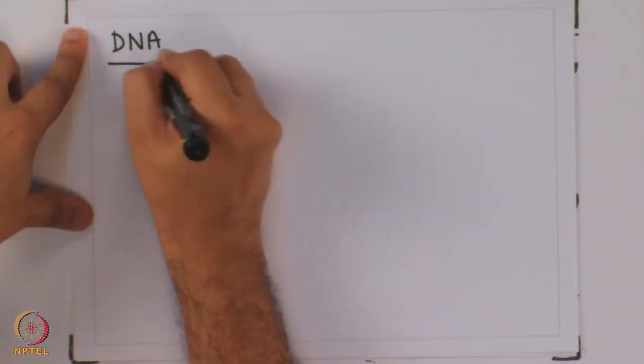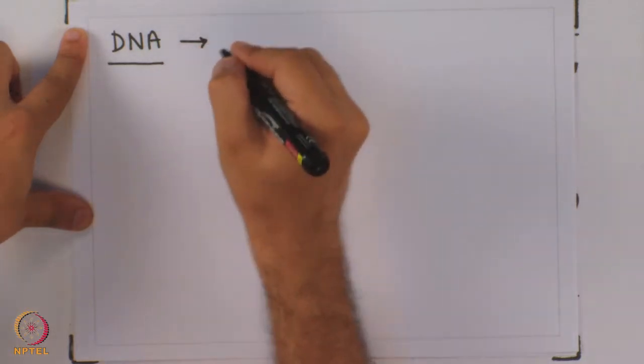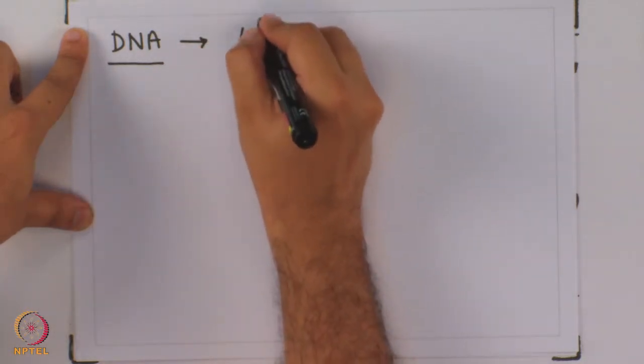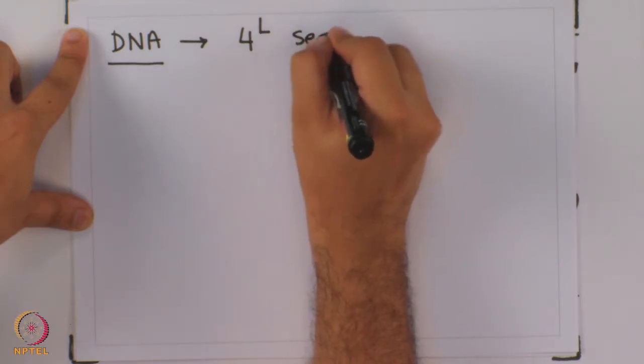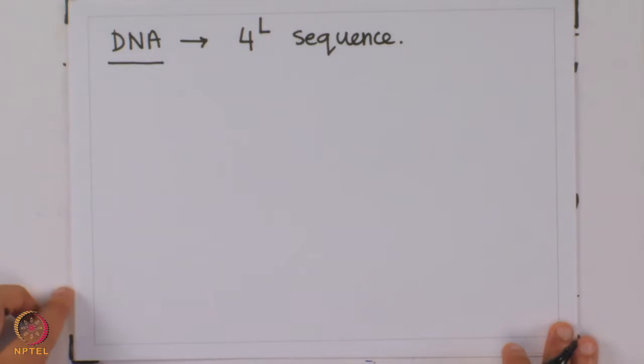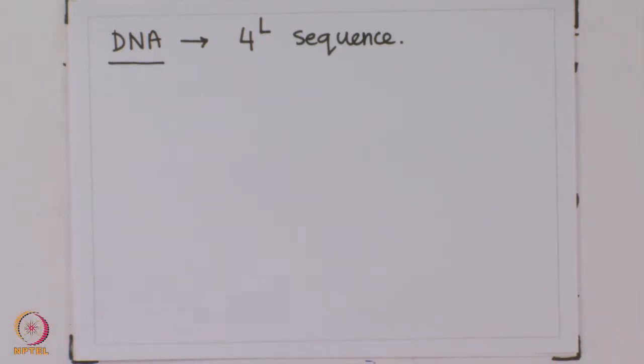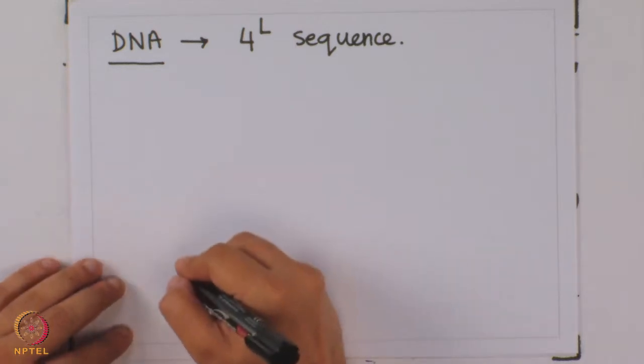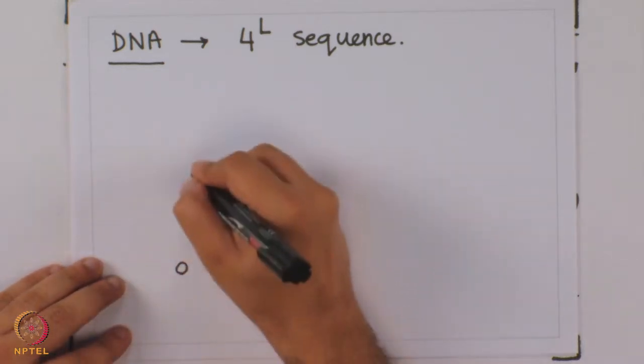Let us now think in terms of DNA and try and arrange them in a particular way. So, when we think in the context of DNA, we have 4 to the power L possible sequences, which correspond to a DNA fragment of length L. Let us represent each one of these sequences by a node.